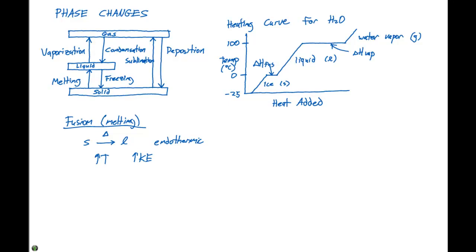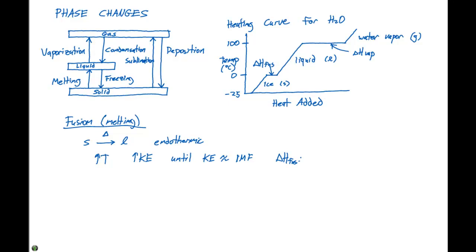And we're going to increase the kinetic energy until it is roughly equal to the intermolecular forces in our particular species. Once we have enough energy to overcome the intermolecular forces, we're going to change phase. And we refer to this as the delta H of fusion in terms of the energy here.